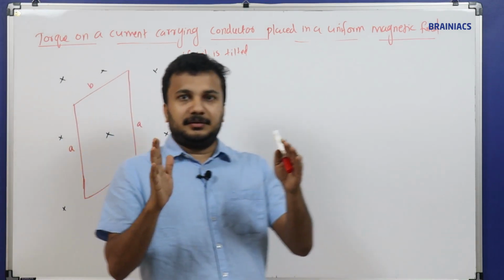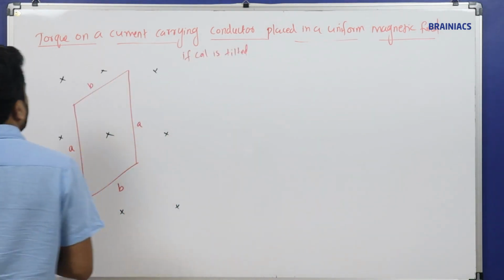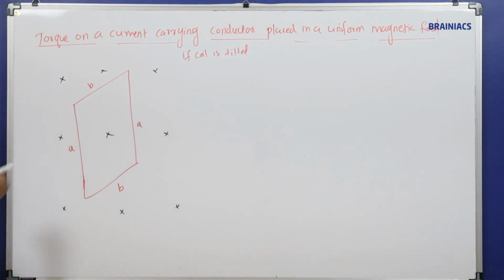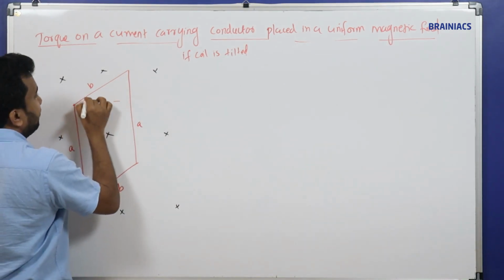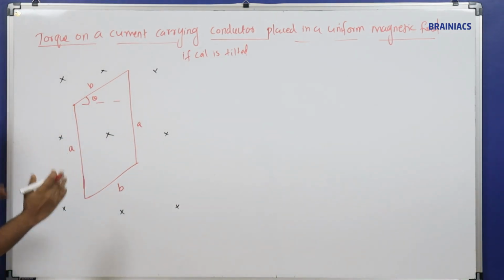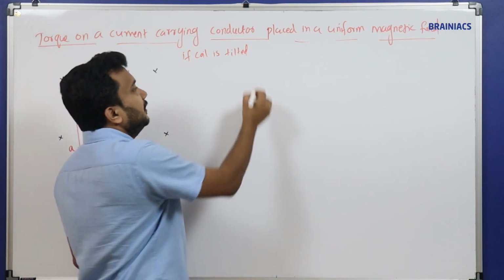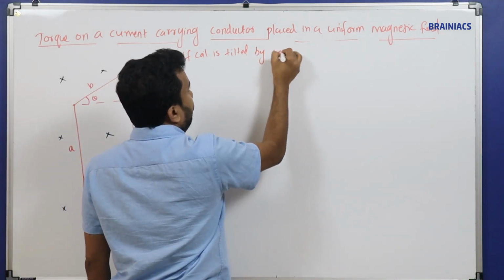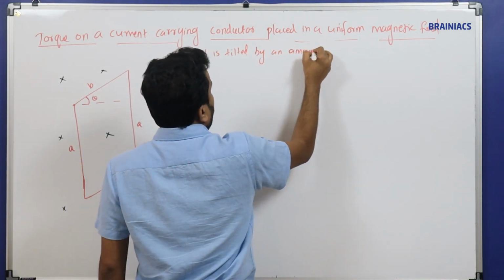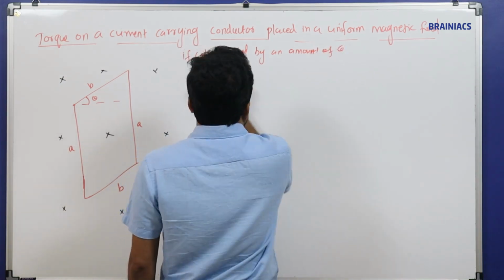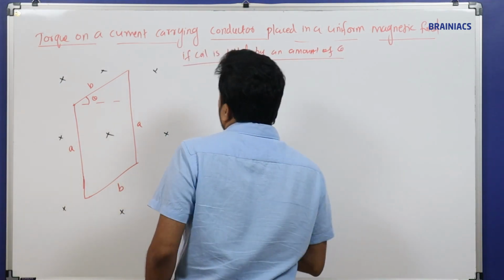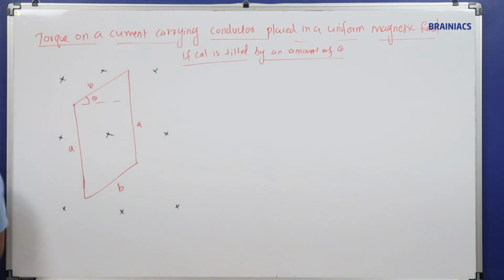Now it is a little bit tilted with respect to the horizontal. I can say this tilting angle is equal to theta. It is just rotated, tilted by an amount theta. If the coil is tilted by an amount theta, what will happen?